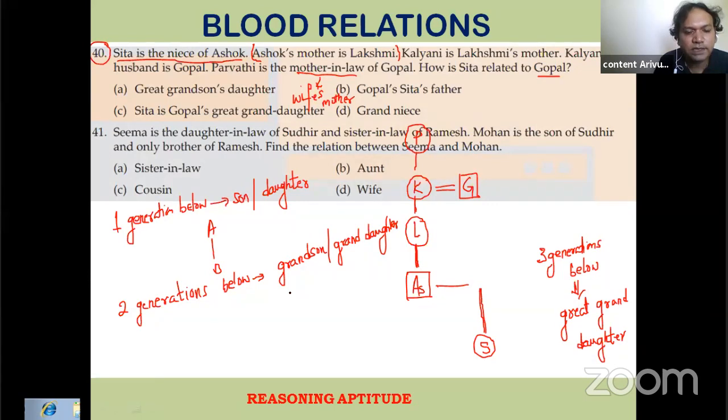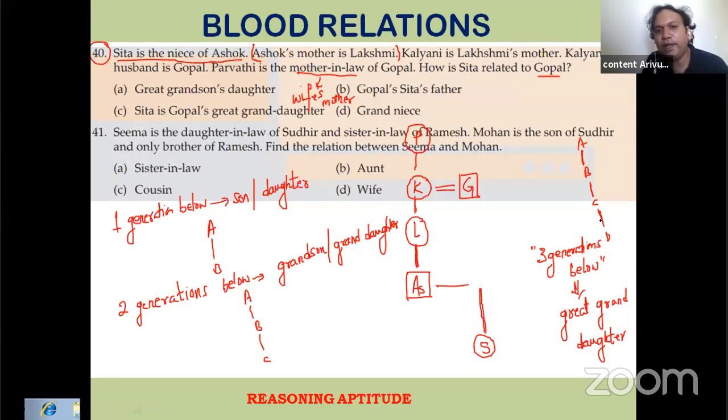How do we make this diagram? One line, one more line. Three generations below means great granddaughter. Three generations means there are three lines: A, B, C, D. One generation below, son, daughter.